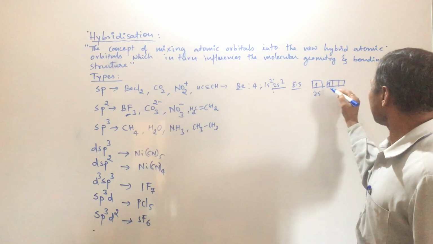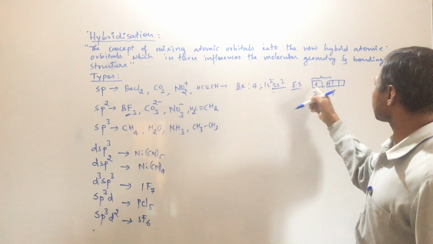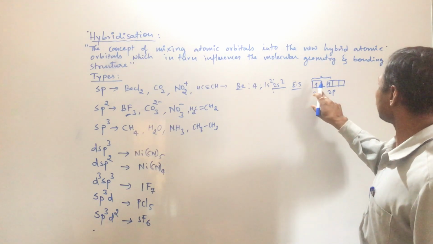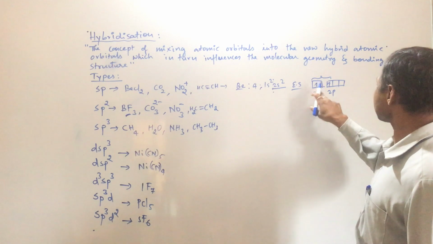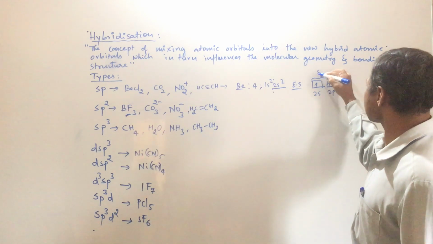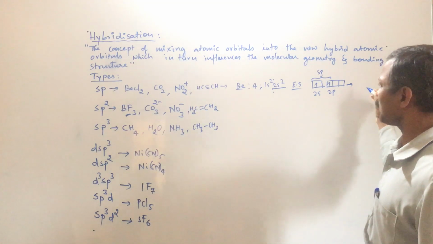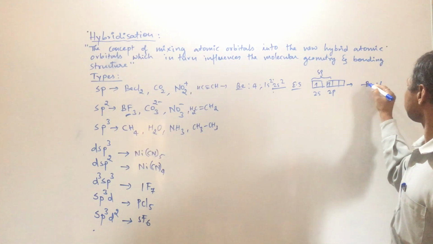So here it is 2p. Hence in the excited state, the beryllium atom distributes the electrons into the s as well as p. Hence it is called sp hybridized. The structure of the molecule is linear.